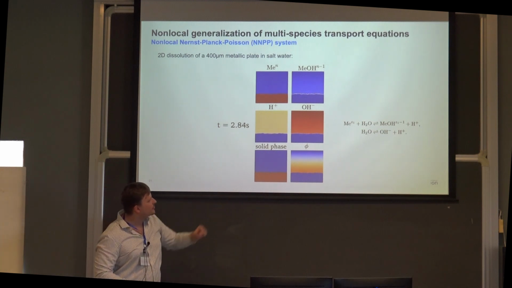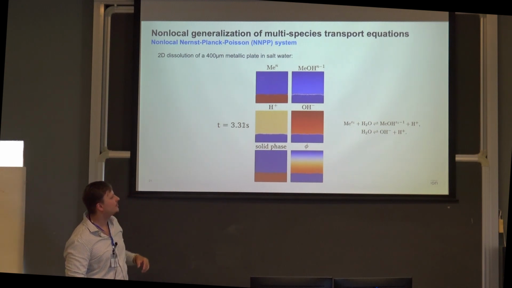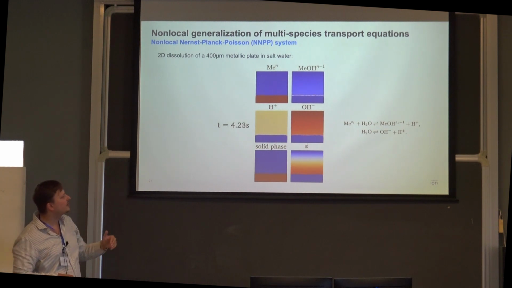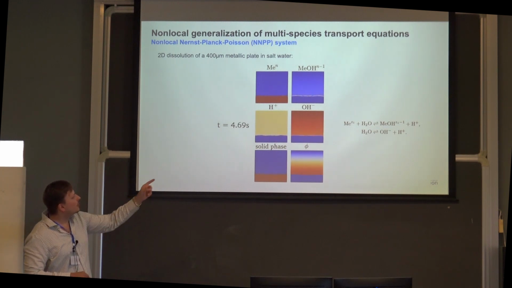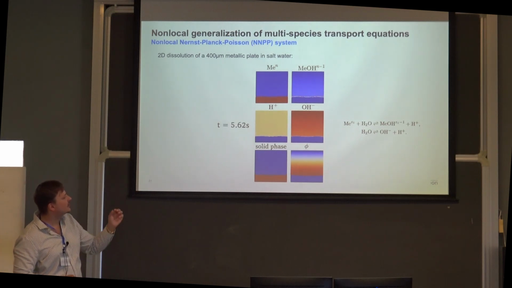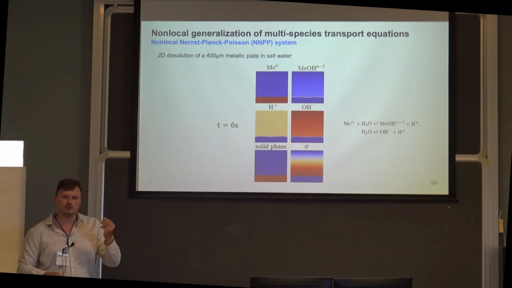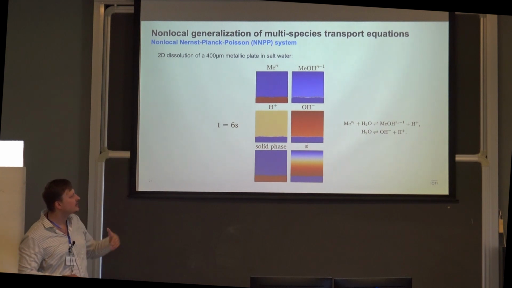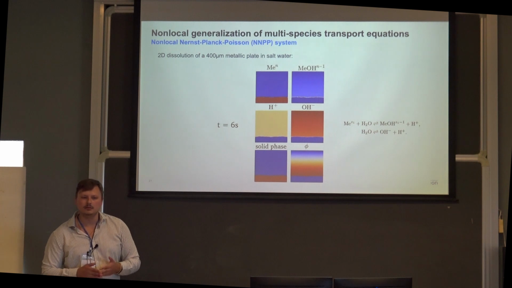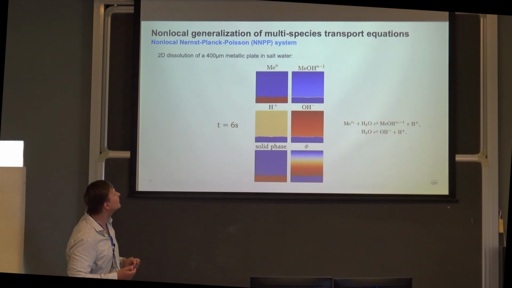Down there you see the distribution of the electric potential, which makes sense. It goes to 0 at infinity and takes a finite value at the interface. Also interesting, if you take a look at the H+ distribution, we see a drop in pH value at the interface, which also aligns well with experimentally obtained data.